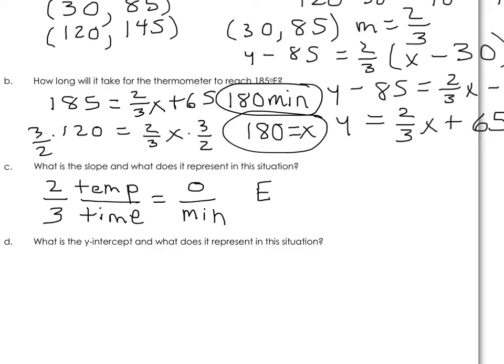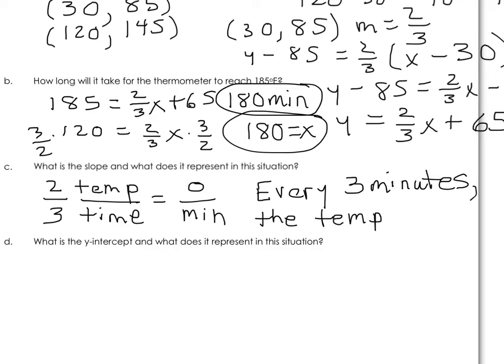So every 3 minutes that the roast is in the oven, the temperature goes up 2 degrees. Every 3 minutes that the roast is in the oven, the temperature will go up by 2 degrees.